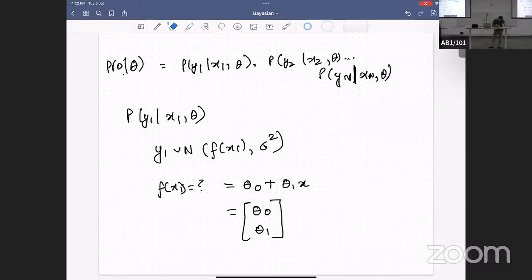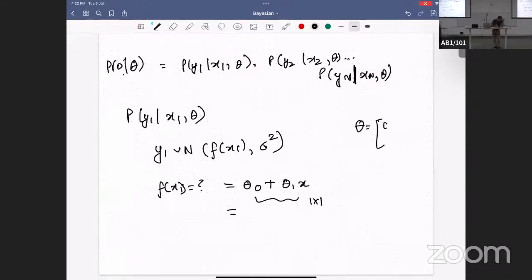So firstly, let's just look at the dimensions, right? This has to be a 1 cross 1 vector, right? Now theta is theta naught, theta 1. It's 2 cross 1, right?